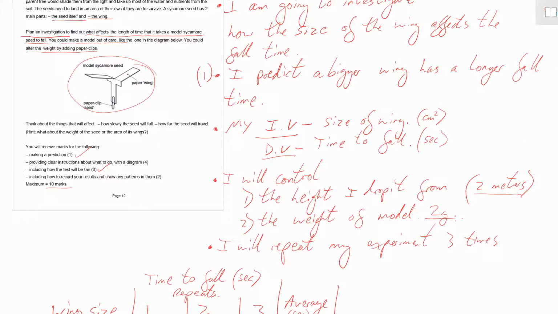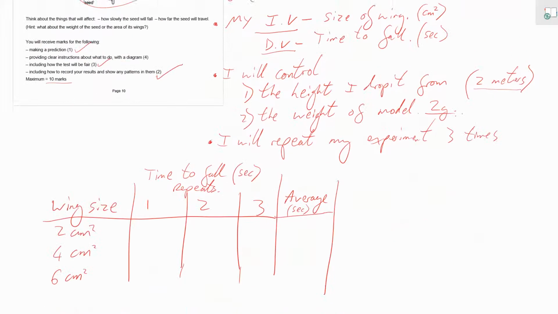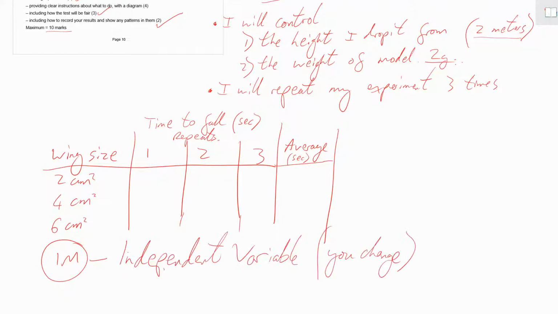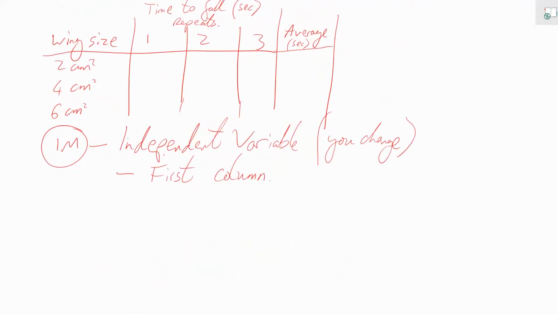So I've managed to do that. When you're making the table, there's going to be one mark for having the independent variable. So for me, this is the one that you change. And you want this in the first column. You then want your dependent variable in the other column with heading.